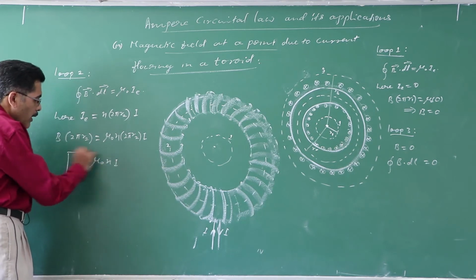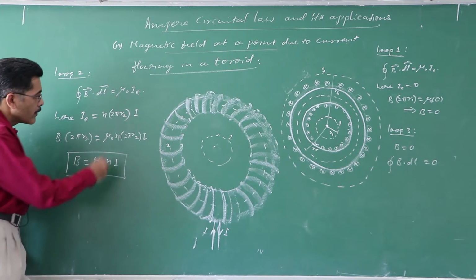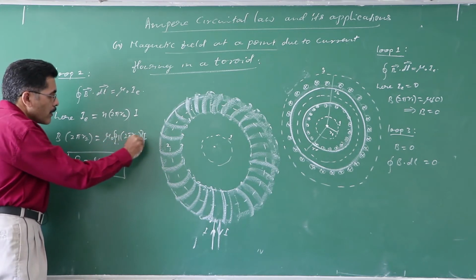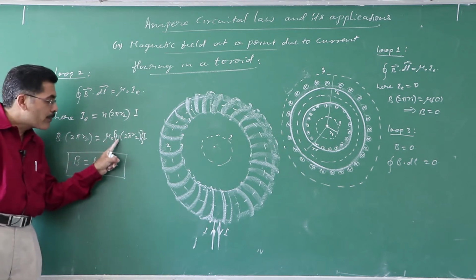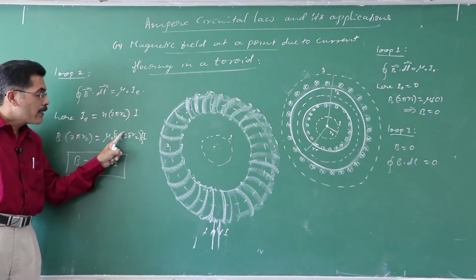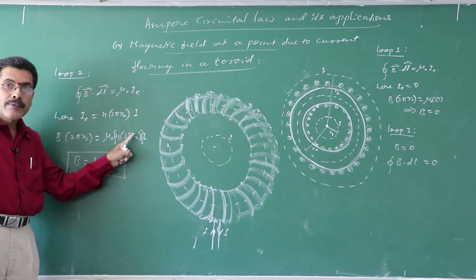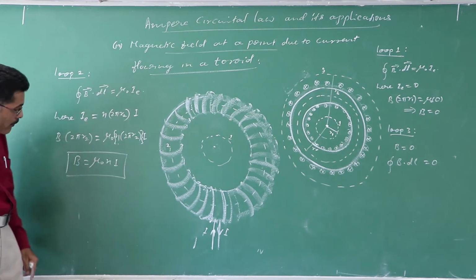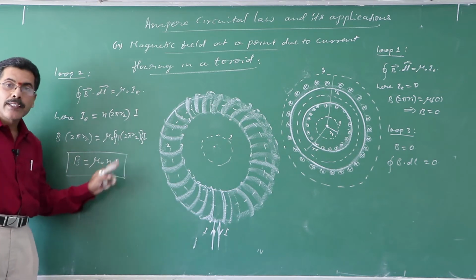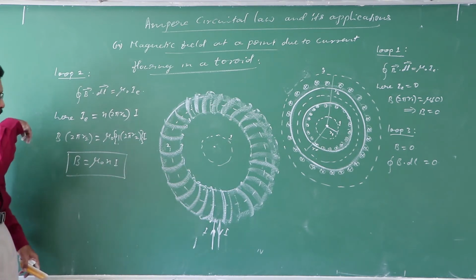Here n is the number of turns per unit length, and 2 pi r2 is the total length, which gives the total number of turns. In that way B is equal to mu naught n I is the final result.